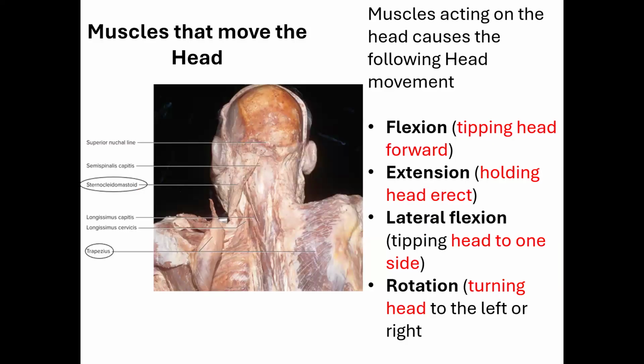Okay, let's look at the muscles that move the head. There are a lot of muscles in the head which cause movement. What are the movements of the head? Now we have to start thinking about the movements. What are the movements of the head? So you have a rotation. Okay, I agree. What else? What is this movement called? It's your bending. Yeah. What's the scientific name for that?